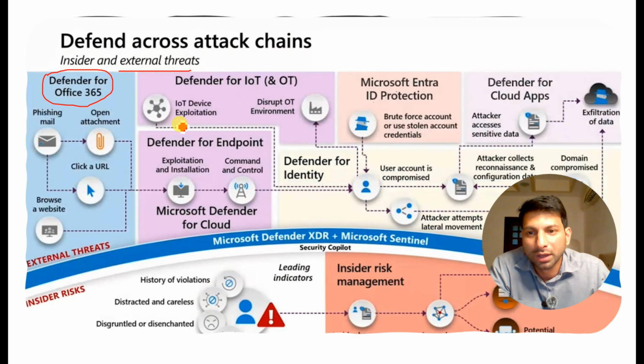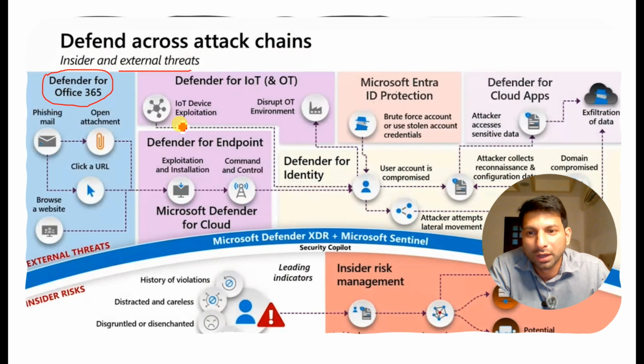All these are protected by Defender for Endpoint. It does so by preventing, detecting, investigating, and responding to advanced threats. So whatever threats come to your PC, it will prevent them, detect them, investigate them, and respond to them.